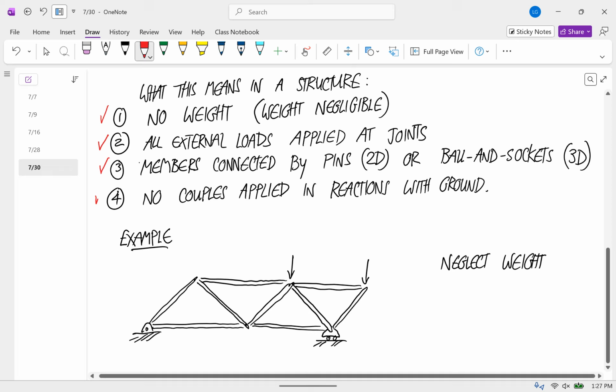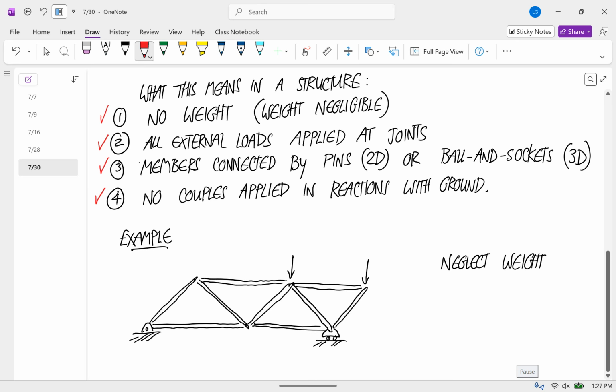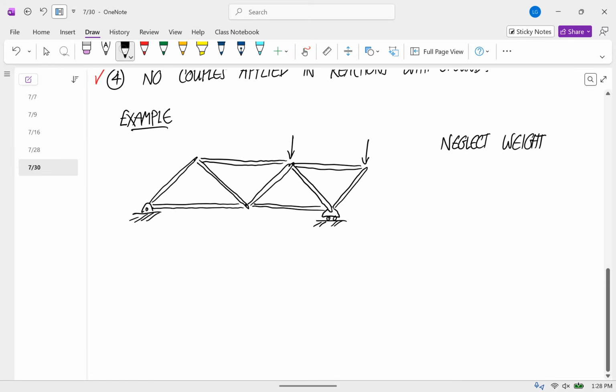And now we know that we can treat this as a truss, and we can use the rules for solving trusses, which again, like I said, can save us a lot of equations and a lot of variables. So here's how you go about solving a truss.